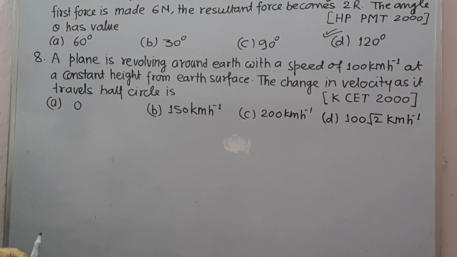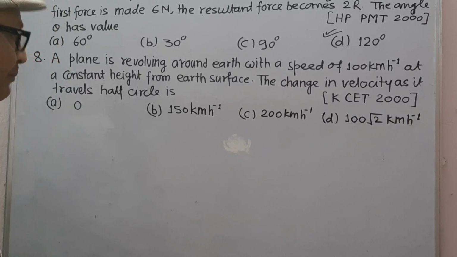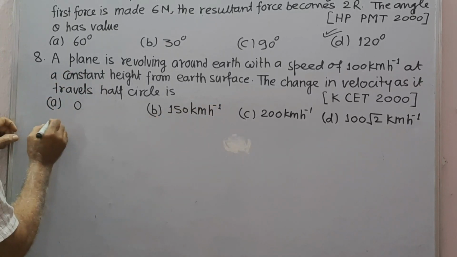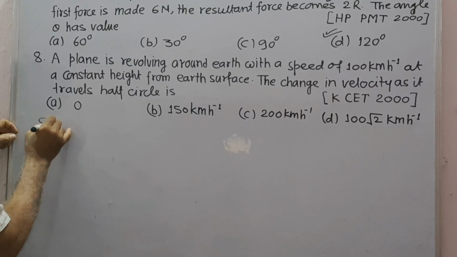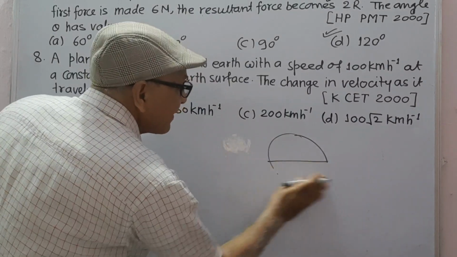Next question, question number 8. A plane is revolving around Earth with speed of 100 km per hour at a constant height from Earth's surface. The change in velocity as it travels a half circle is, these are the options. Solution to question 8. This is half circle.